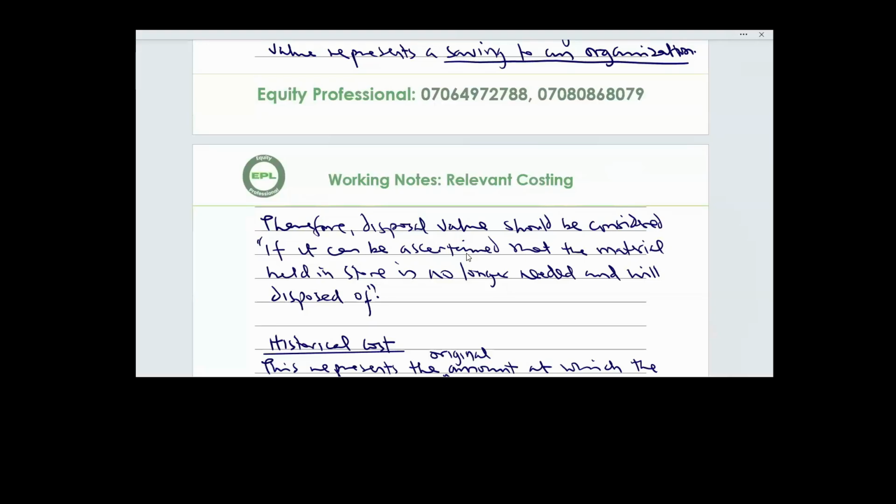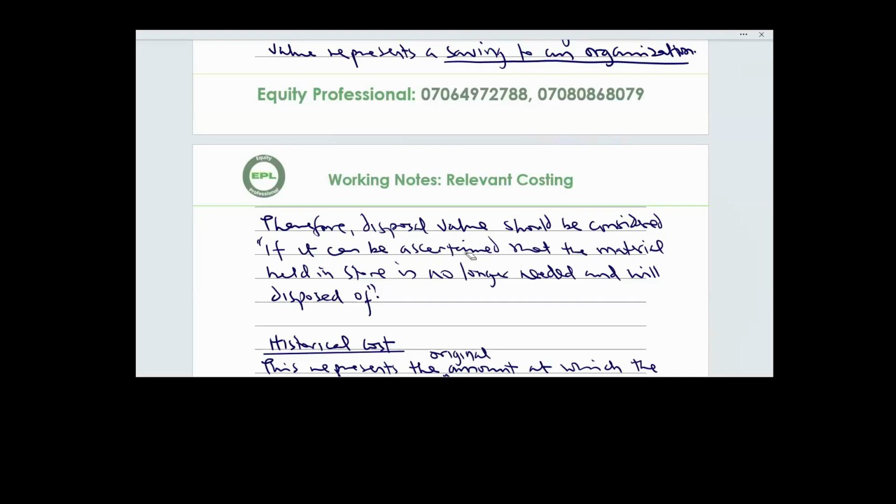Now, note this particular information. At times, the examiner can give you a disposal value in a question. The fact that you are given a disposal value does not make it a saving. It will only become a saving if you are told that the material will be disposed of. If you are not told the material will be disposed of or sold, then just ignore the disposal value given to you.